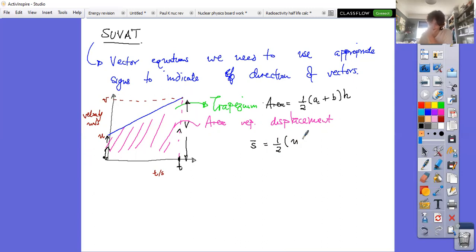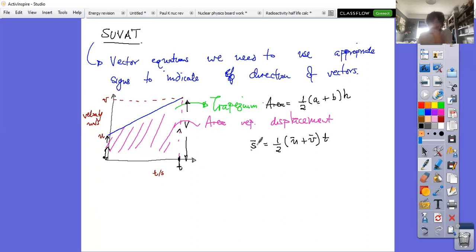So I would have u plus v multiplied by the height, which is t. These are vectors. So I've got s equals half (u plus v) multiplied by the time.